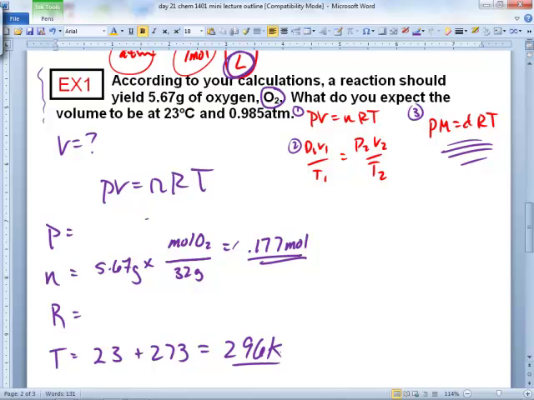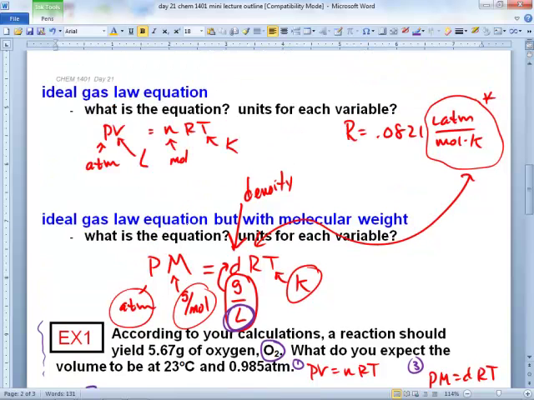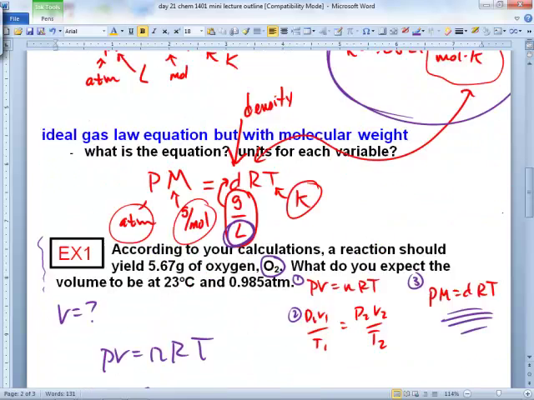Summer, we need to know another thing here. Yeah, and stop there because that's the right units. Good. Oh, the R, Talia, that's got to be 0.0821.